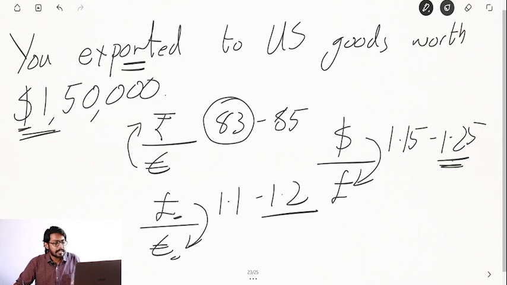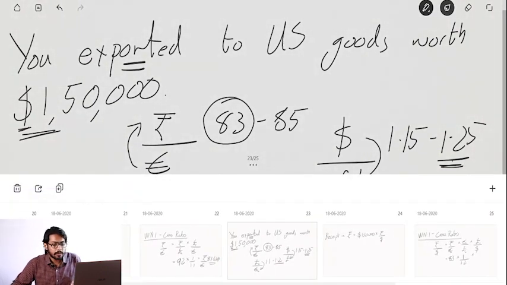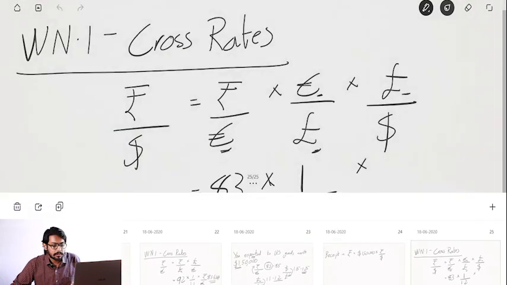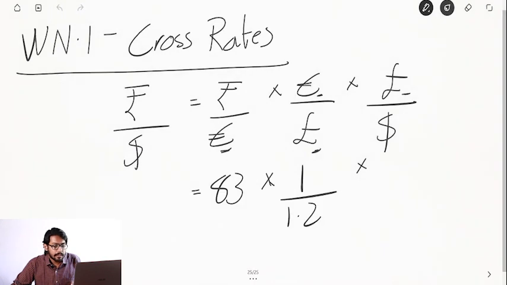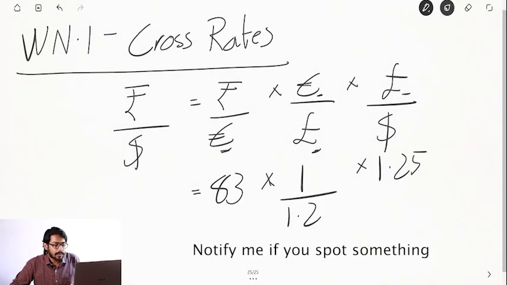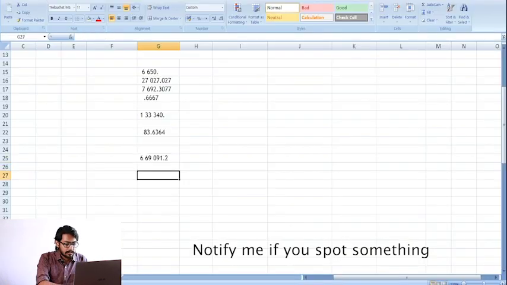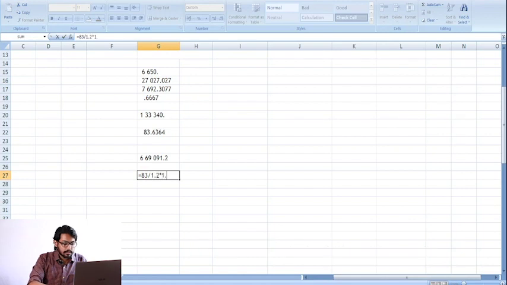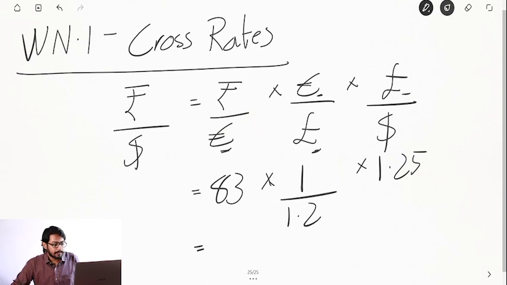So you can take 1.25 as it is, multiply into 1.25. That's equal to 83 divided by 1.2 into 1.25, which is 86.4583.